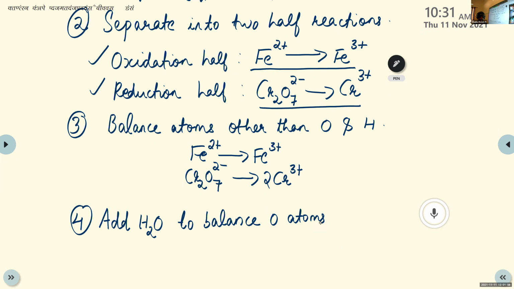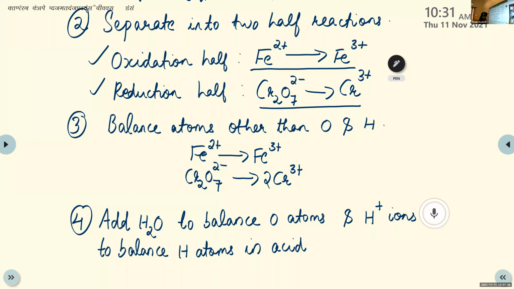Add H2O to balance oxygen atoms and H+ ions to balance hydrogen atoms in acidic medium. You can also write: add H+ ions to balance hydrogen atoms in acidic medium.